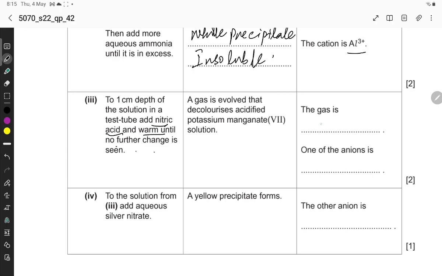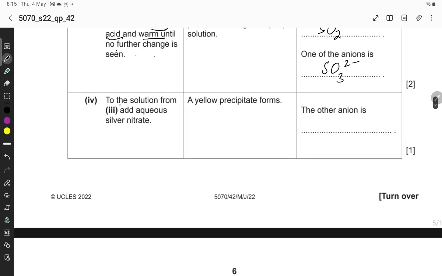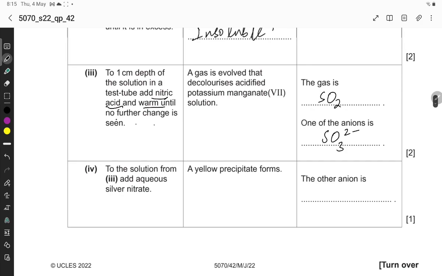So this gas is sulfur dioxide. One of the anions is sulfite, SO3 2 minus. To the solution, add aqueous silver nitrate. A yellow precipitate forms. The other anion is iodide.